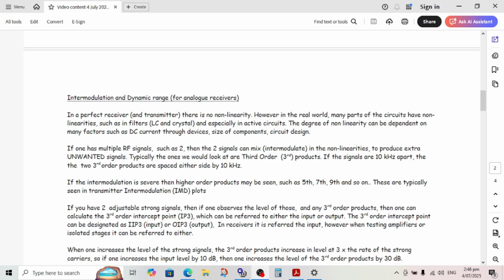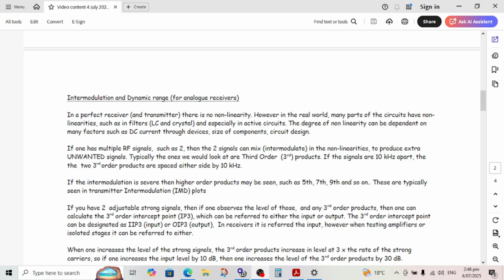In receivers, in a perfect receiver, if there is no nonlinearity, there is no distortion happening.